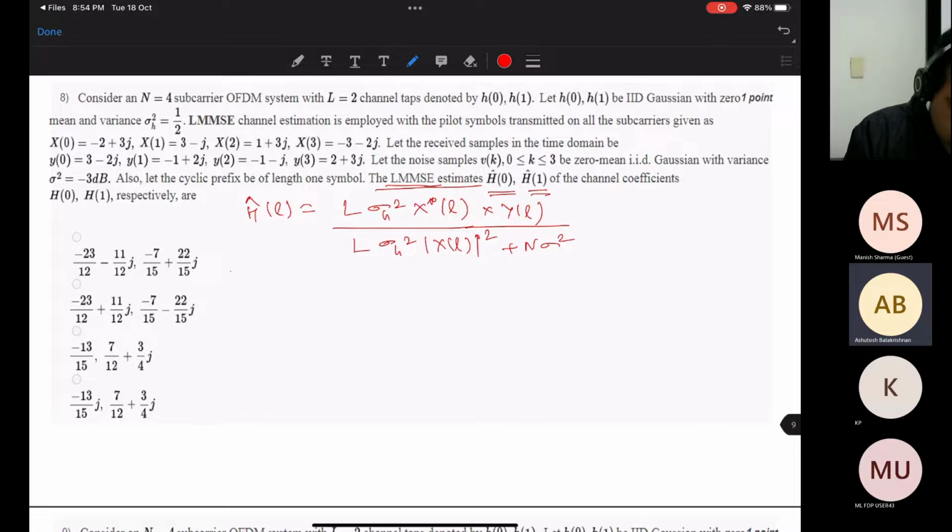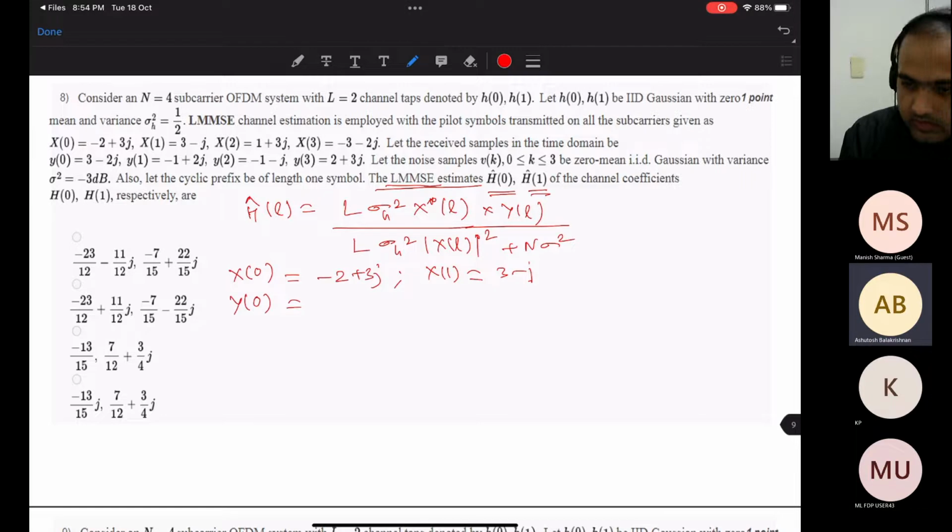And what are the x0? So x0 is minus 2 plus 3j. This is given in the question, right? And x1 is basically 3 minus j. This is also given in the question. And what is Y0? These are the things we need to calculate, right?